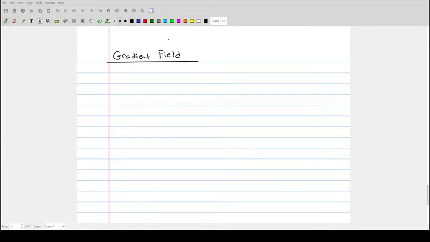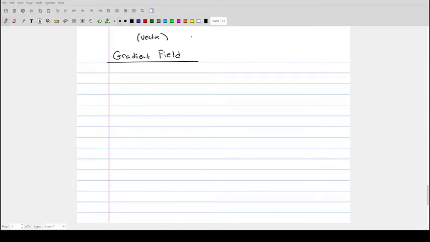So the gradient vector, or the gradient vector field, is what's called a vector field, or a collection of vectors at any given point.